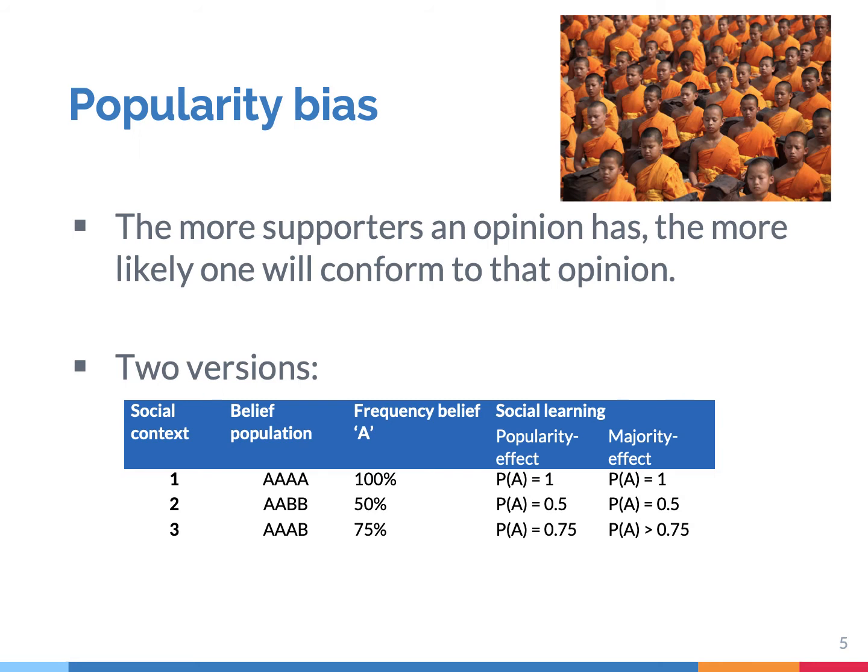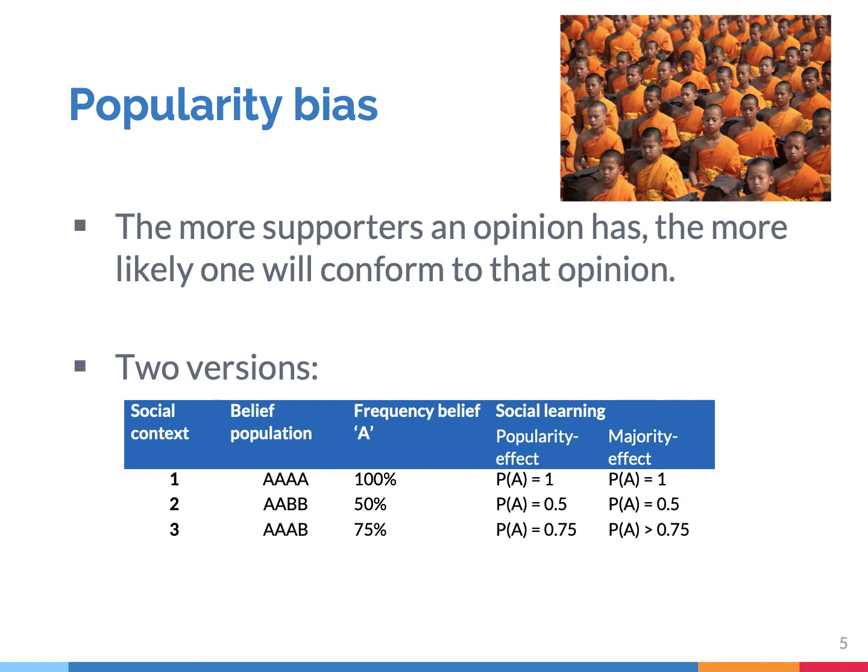Now, in the simple version of this idea, called the popularity effect, the chance of copying a certain opinion is directly proportional to the frequency of that opinion in the population. So if 75% of the people believe A, then there is 75% chance you will believe A as well.